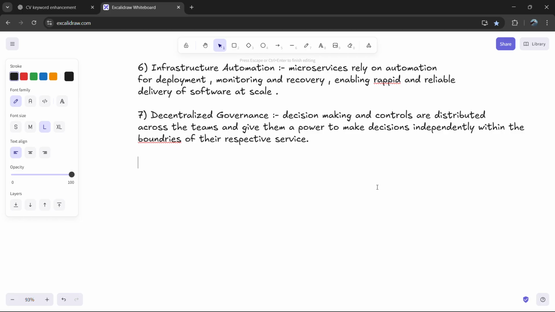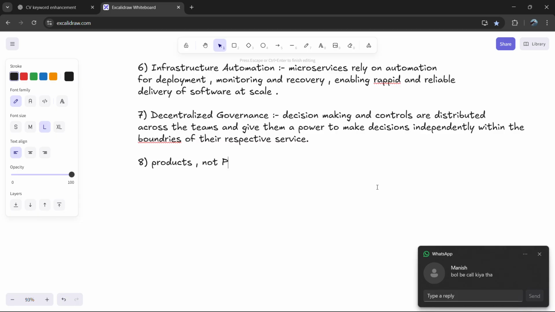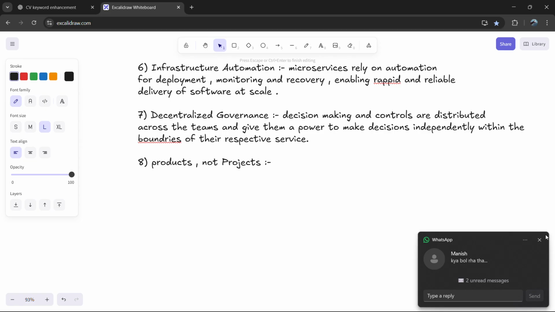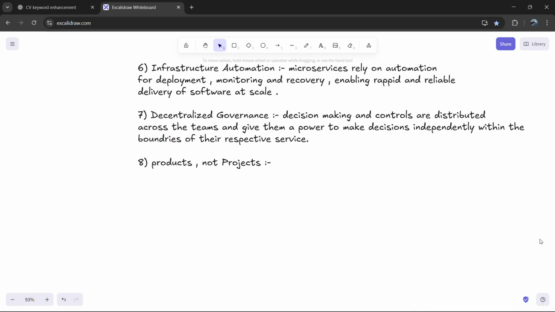So the next point is products, not projects. What does products, not projects mean?